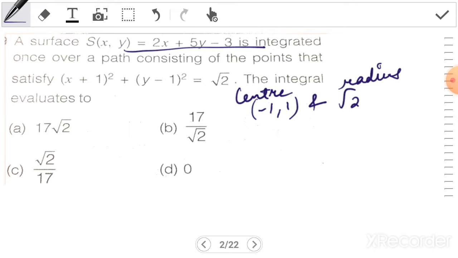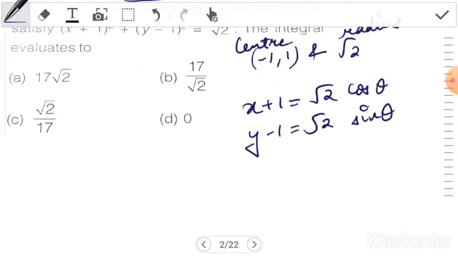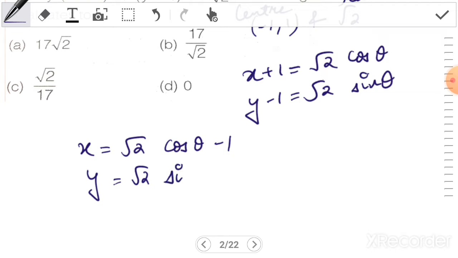so parametric equation of path along the surface is x plus 1 is equal to root 2 cos theta, since root 2 is the radius, and y minus 1 is equal to root 2 sin theta. Yes, so x can be written as root 2 cos theta minus 1 and y is equal to root 2 sin theta plus 1.